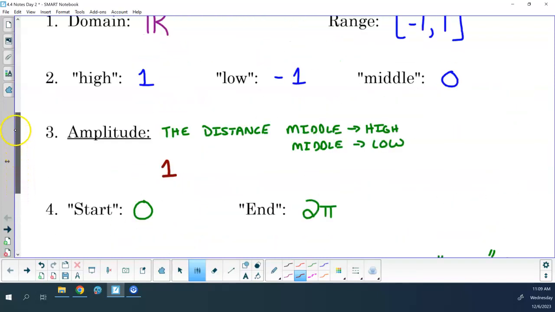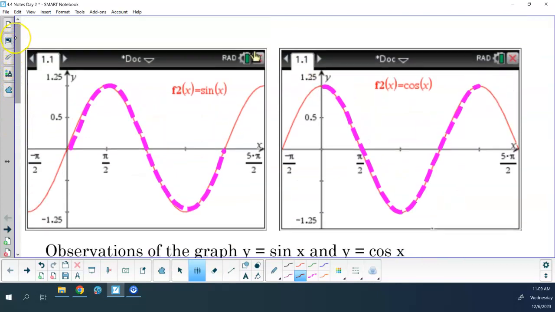The other observation that I can tell you is that the sine curve starts in the middle, then it goes to the high point, back to the middle, then to the low point, and ends in the middle. Middle, high, middle, low, middle.